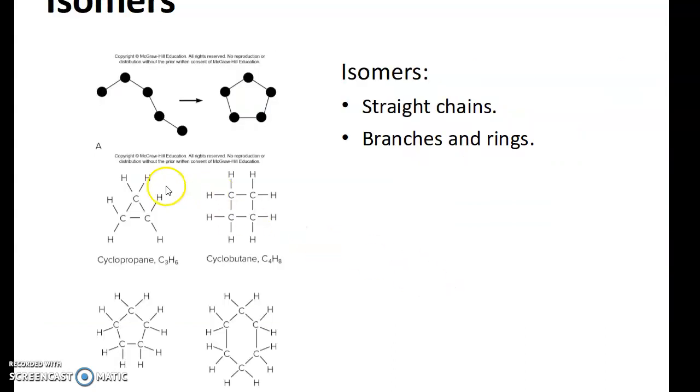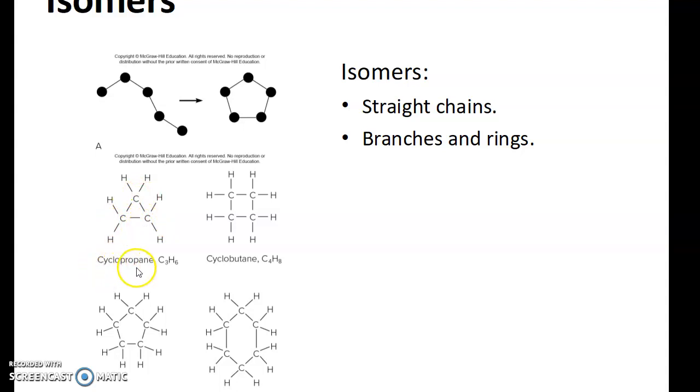And isomers, okay. The first one is a straight chain. We would call that an n-dash and then the name. For n-butane, that means that they're all in a straight chain. If you have them arranged, instead of in a long chain, into a circular format, it's called a cyclo.